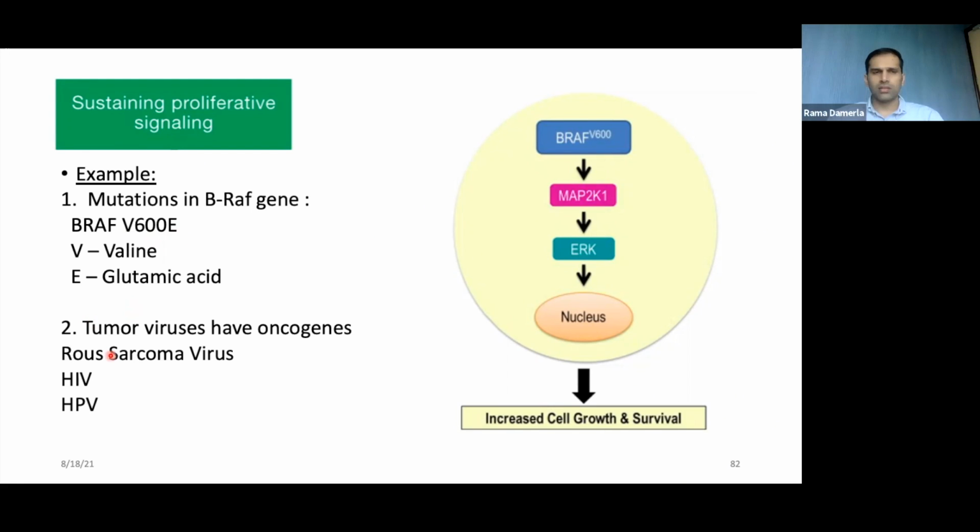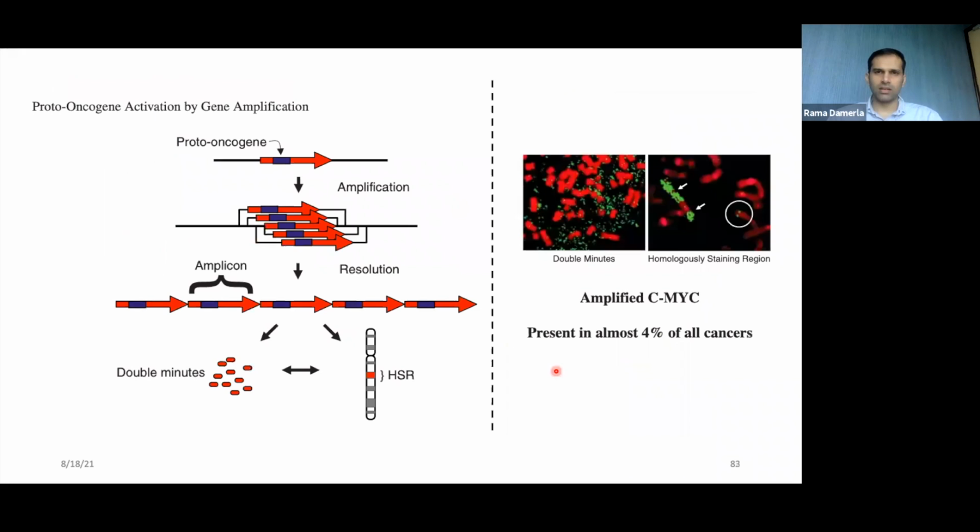And then also there are a number of tumor viruses that have oncogenes, such as Rous sarcoma virus, HIV and HPV, that promote cell division and cause cancers. Here's an example of a MYC oncogene that is being amplified, so there's a lot of product. The amplification can be in two ways.